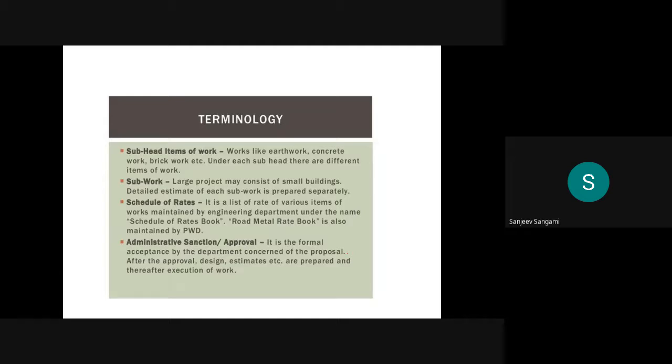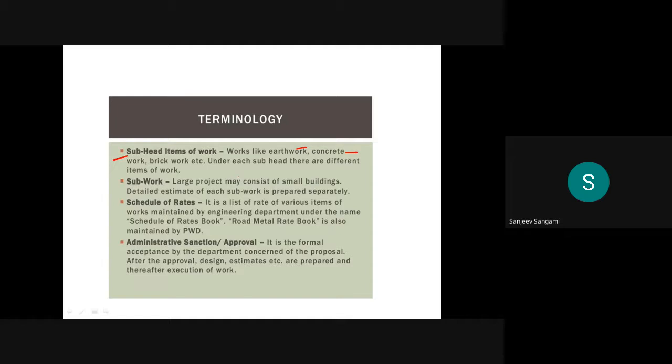Then this terminology we should always know. This we have not discussed. What are subhead items of the work? The subhead items of the work include the earthwork, concrete work, brickwork. Under each subhead, there are different items of work. So normally you have a whole project.